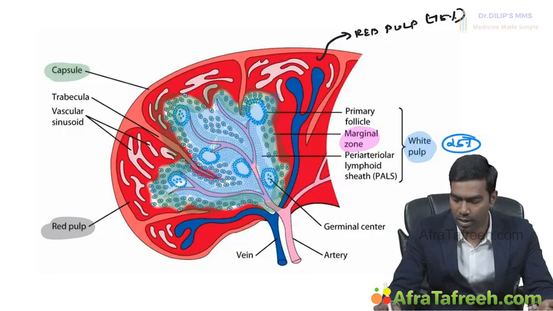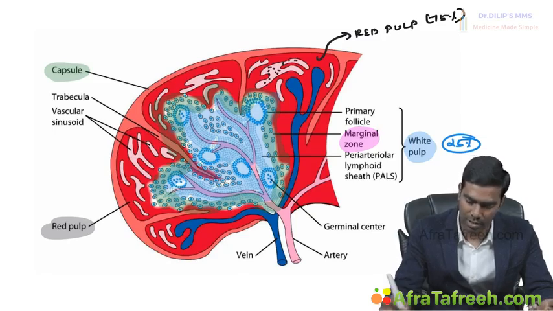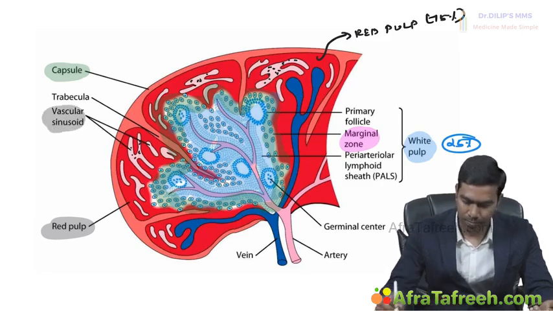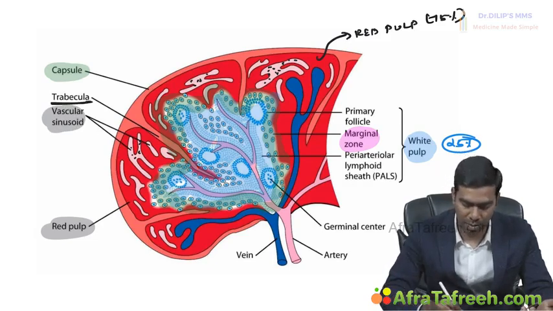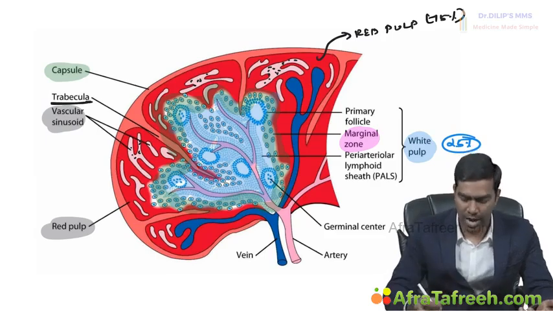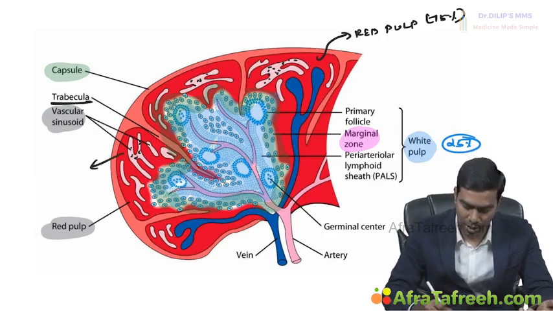So what are the constituents of the red pulp? The red pulp is predominantly constituted by sinusoids. These are the vascular sinusoids you can see, which I am putting as a dotted structure. The red pulp is divided into multiple areas by the trabeculae, and surrounding these sinusoids you can see these areas.